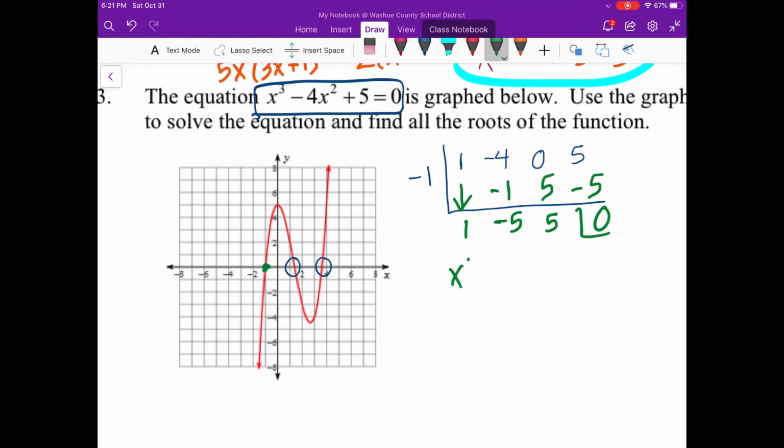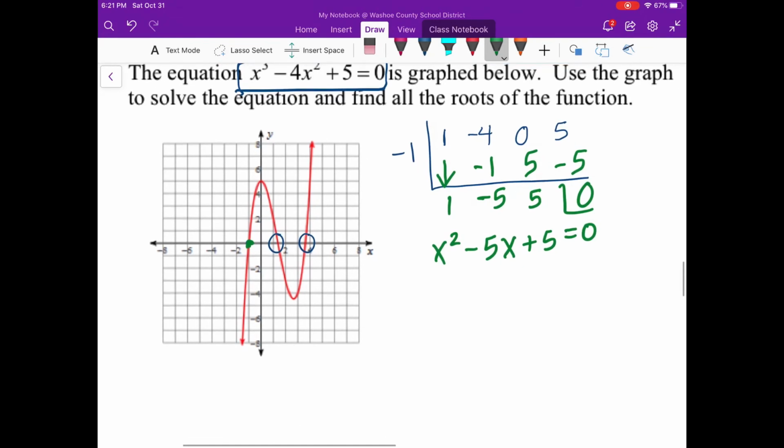Now the new quadratic I'm working with is x squared minus 5x plus 5. I'm going to try to factor this, but then find out that it doesn't factor. So how else do I know how to solve a quadratic? By using the quadratic formula. Identify your a is 1, your b is negative 5, and your c is a positive 5. Go through and use the quadratic formula.